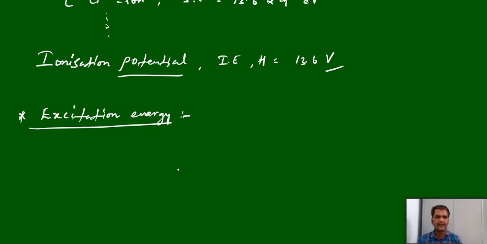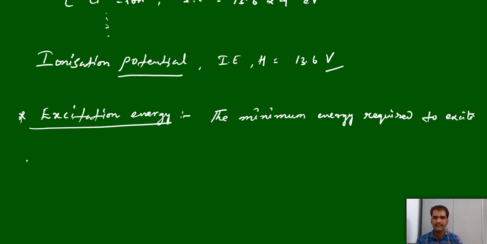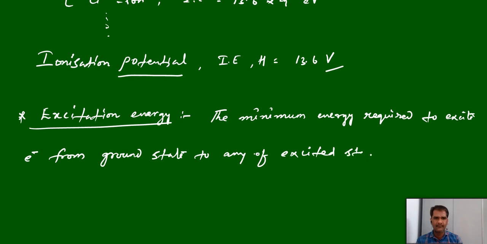Excitation energy means the energy required to excite an electron from the ground state to any of the excited states, not to infinity, except infinity, any of the excited states. Again, the minimum energy required to excite an electron from the ground state to any of the excited states, that we can call excitation energy.